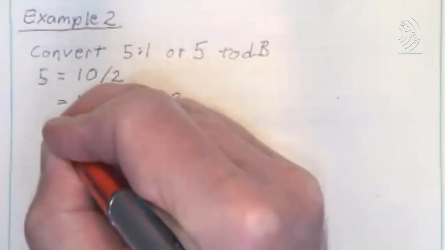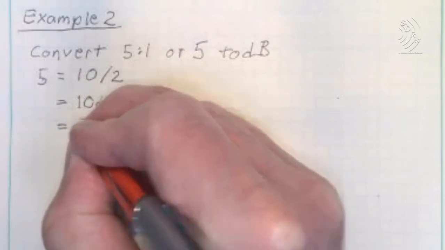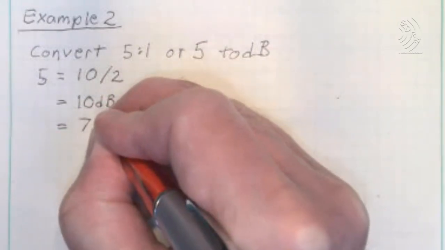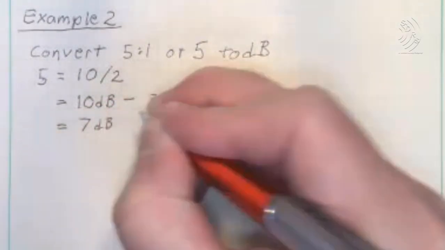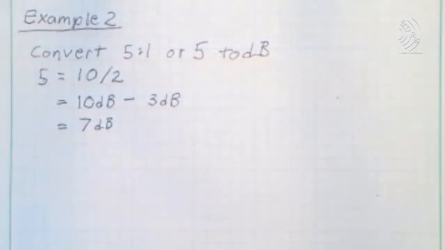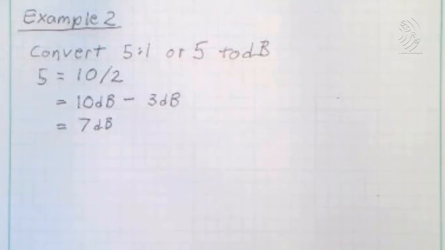And that gives us a value of 7 dB, or 7 decibels. So in addition to the numbers that we've already memorized, we now know that 4 can be expressed as approximately 6 dB, and 5 can be expressed as approximately 7 dB.